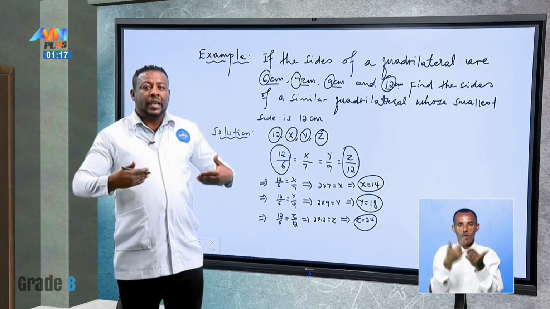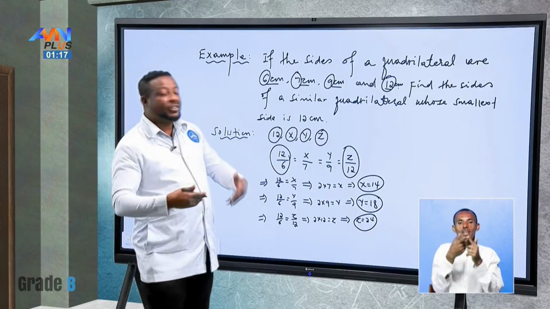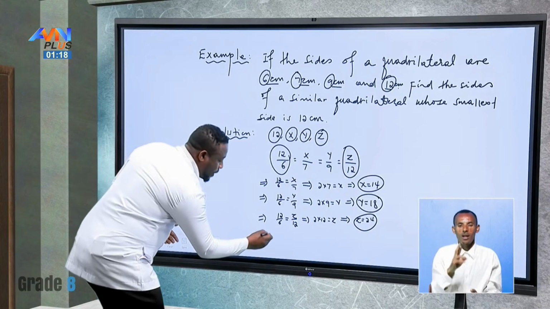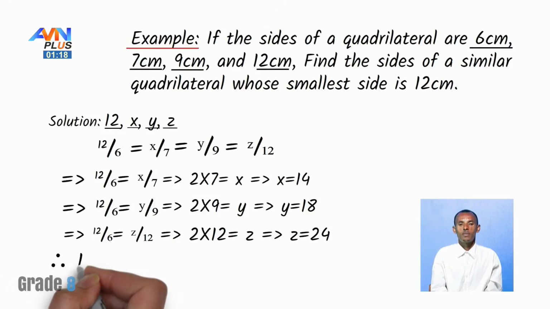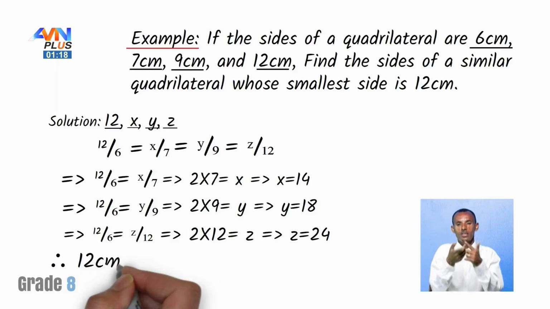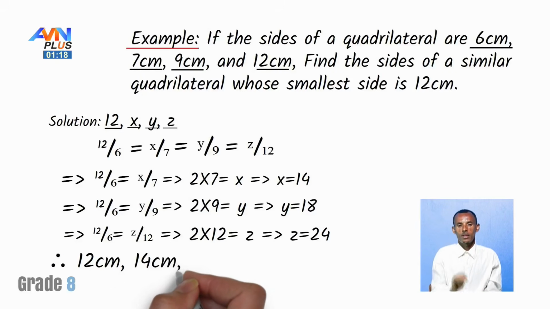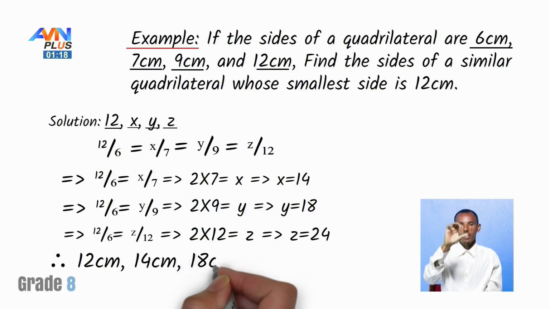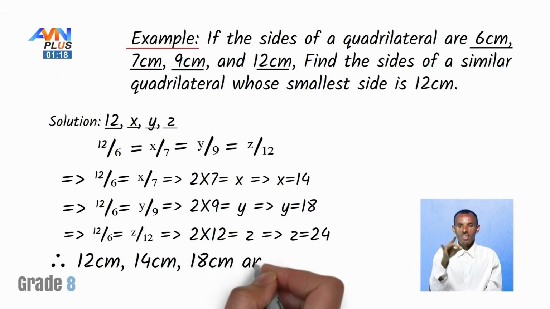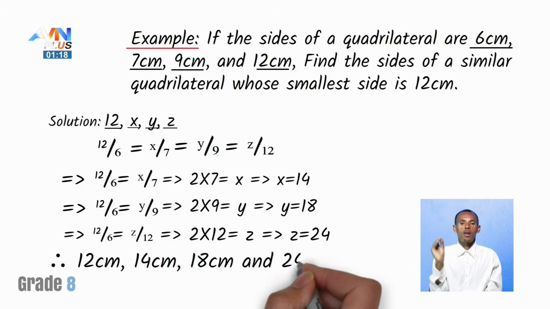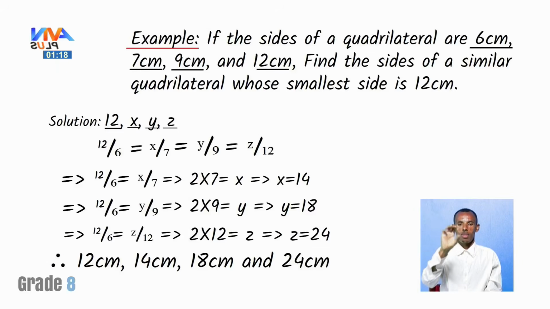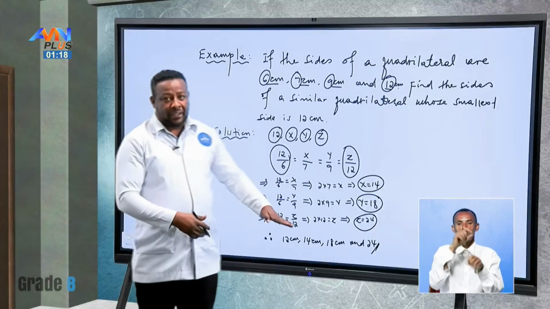Therefore, the sides of the second quadrilateral are 12 centimeter, 14 centimeter, 18 centimeter, and 24 centimeter. Okay, so these are the sides.